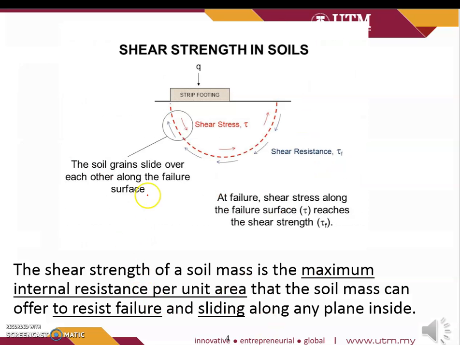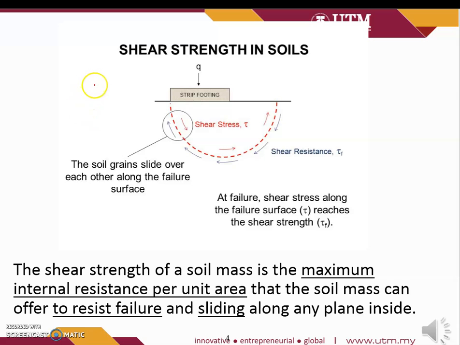Alright, so let's see this one, a sketch or schematic diagram of the strip footing. Note that there are different types of foundation. This one is a shallow foundation.